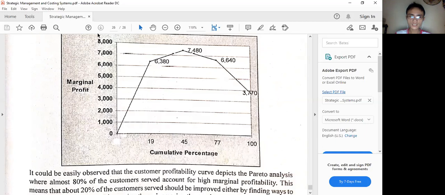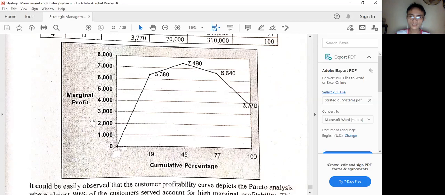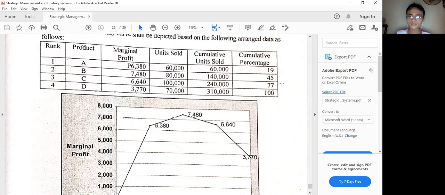What's the lesson here? If we can see the graph here, the x-axis is cumulative percentage, the y is marginal profit. We can notice that with this data, the 77% is the total from products A to C, and therefore we can say that almost 80% of the products constitute the highest profitability for the company.